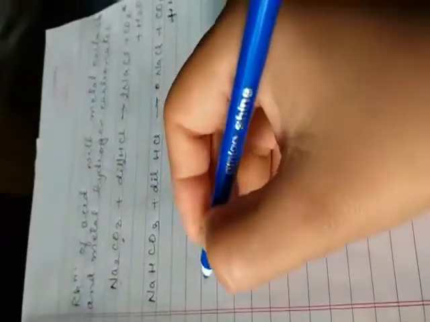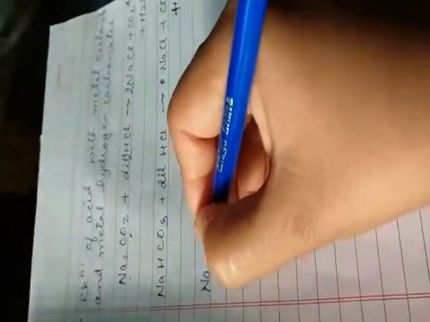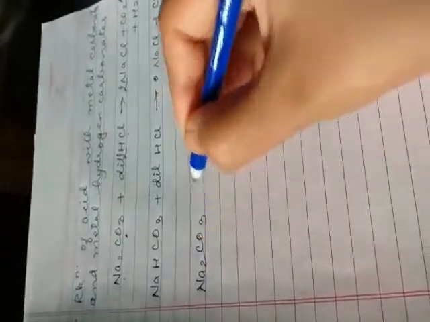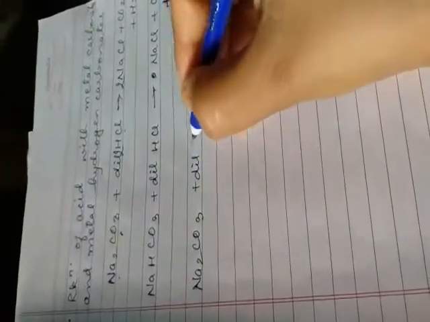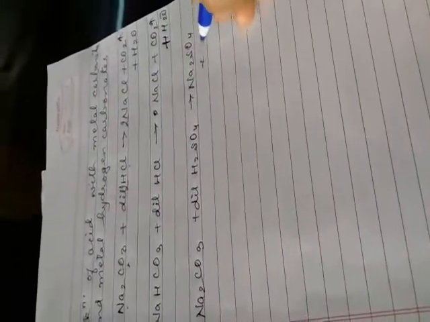Carbon dioxide and water are common, but let's take the example of sodium carbonate plus dilute sulfuric acid. What will be formed? Sodium sulfate plus CO2 plus H2O.